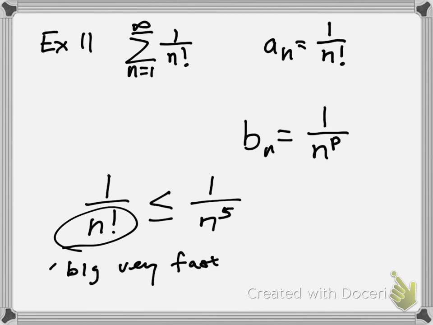By very fast, we mean as n gets large enough, 1 over n factorial will be smaller than 1 over n to the 5. I think this will be true for any n that is big. Of course this is also true for n equals to 1, but that's a useless comparison test.